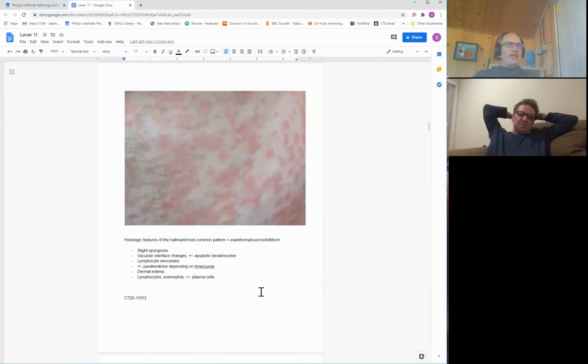You may not have that if it's very acute. Dermal edema, which is something you don't necessarily see in every other inflammatory process, so that's maybe a helpful feature. And then lymphocytes, eosinophils, maybe plasma cells.